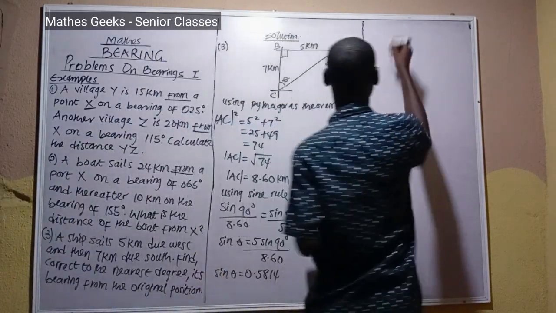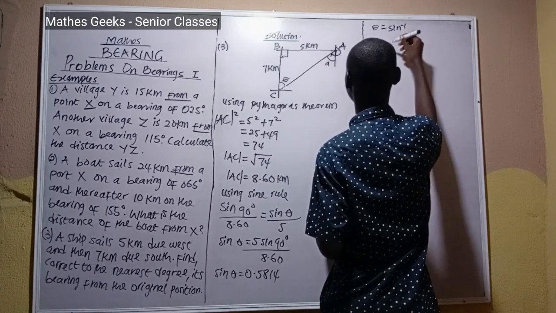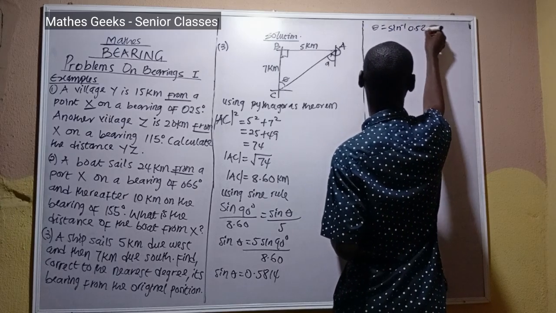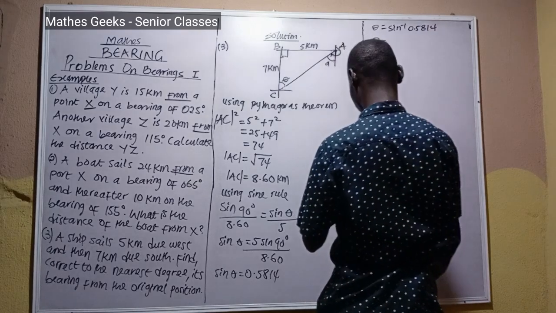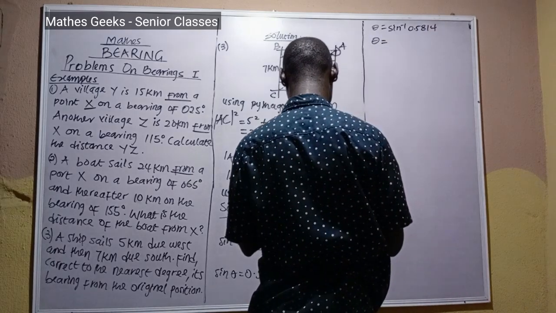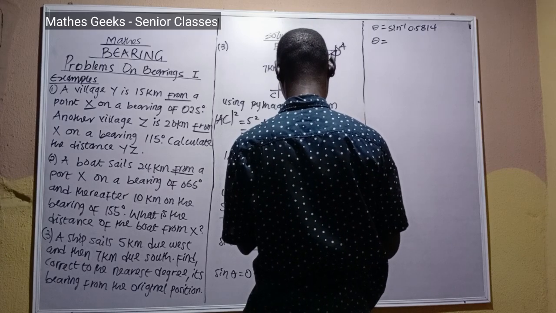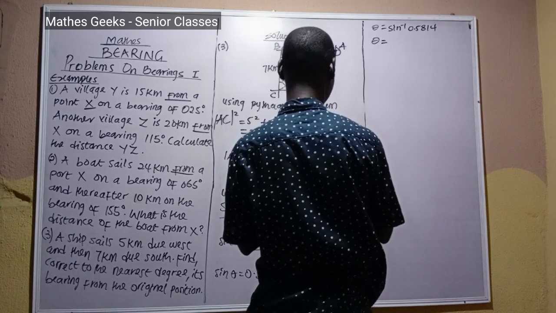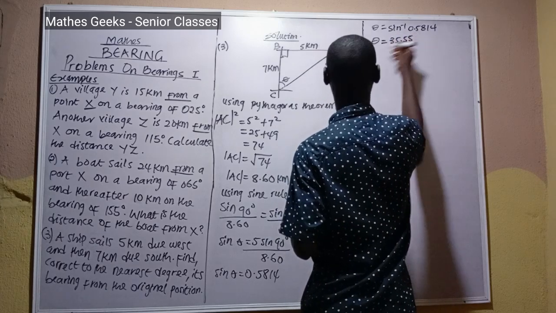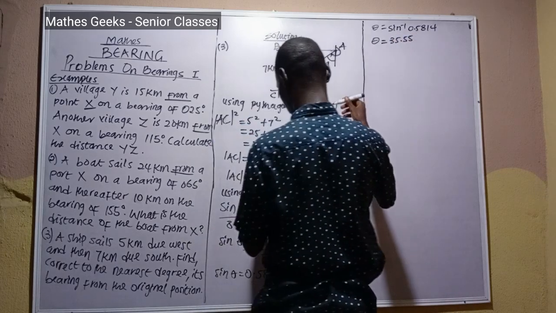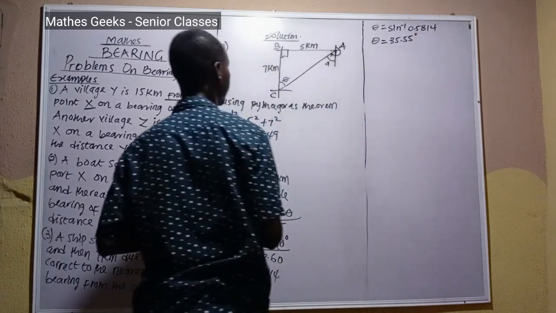Theta is equal to arc sine 0.5814, which is 35.55 degrees. But that's not the final answer.